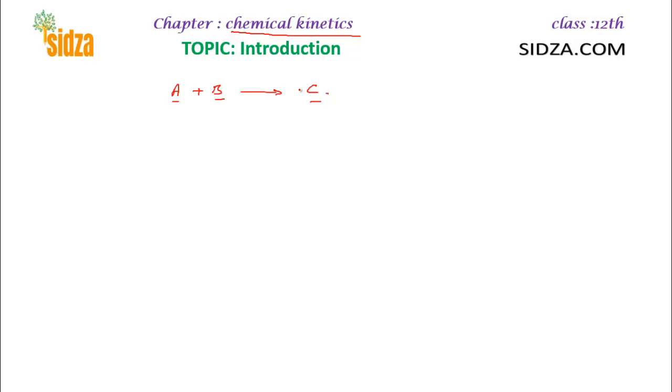As chemists, we are concerned with other topics as well. For example, we want to know whether a particular reaction can occur or not, right? That means we want to know whether the particular reaction is feasible or not. Can the reactant A combine with B? And can this reaction occur under the given set of conditions or not?